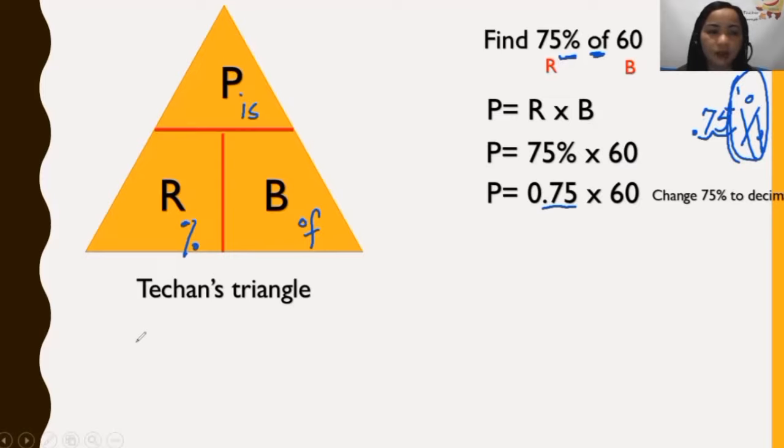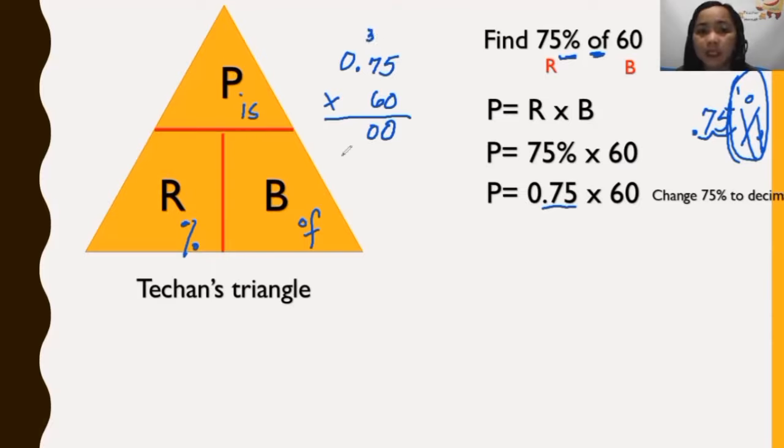So now, let's multiply. We have 0.75 times 60. As a shortcut, because there is a 0 here, just place the 0 there. Then we proceed to 6 times 5 is 30. Carry 3. 6 times 7 is 42, plus 3 is 45.